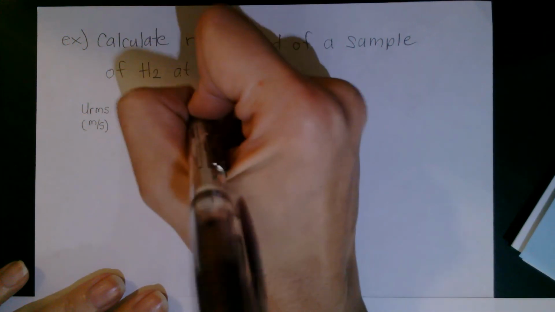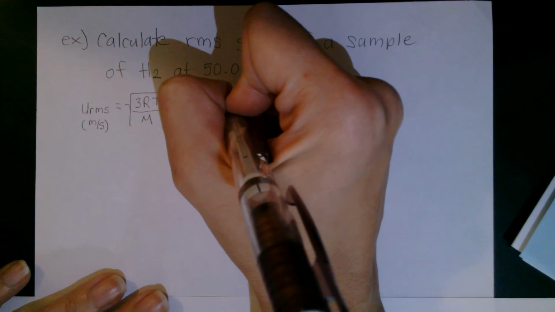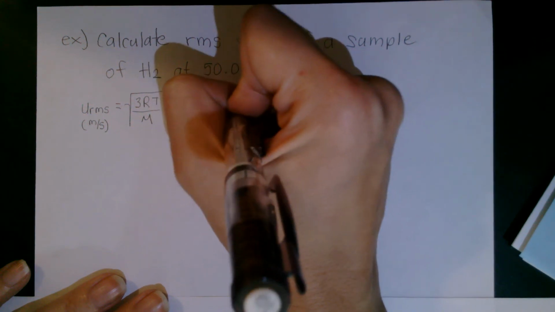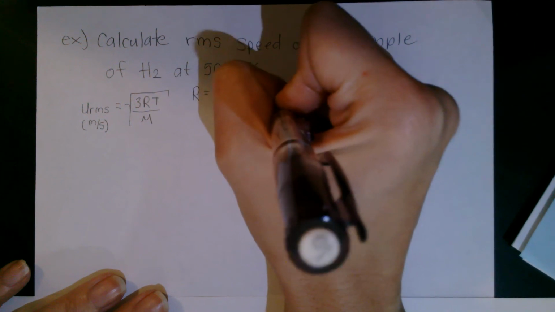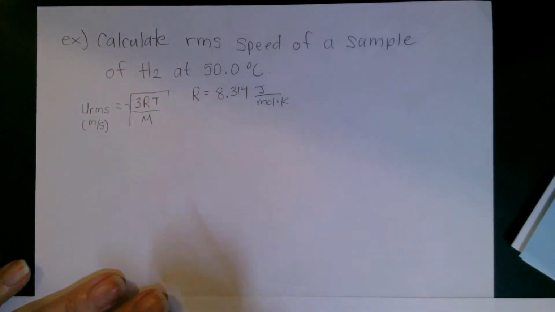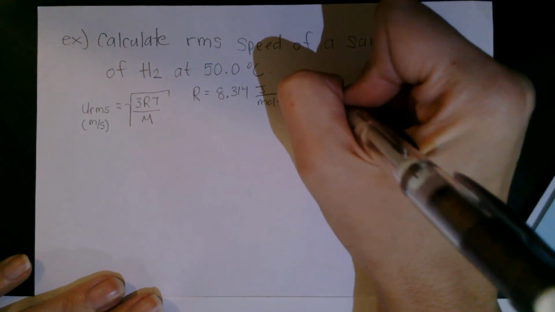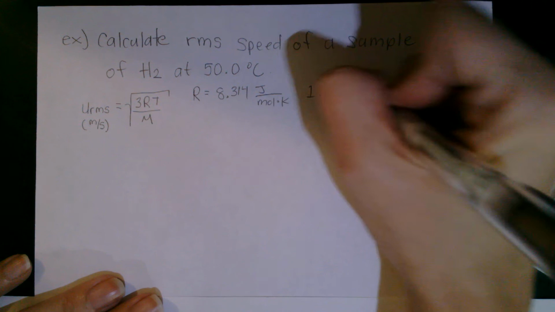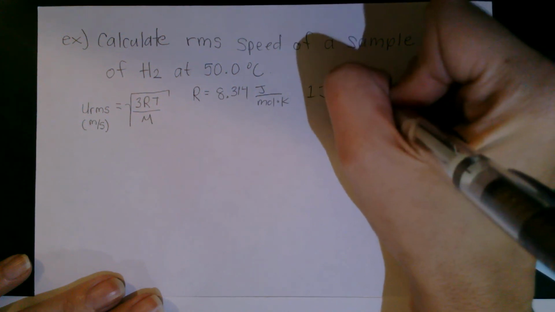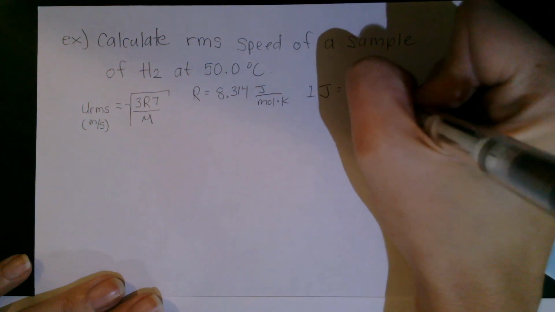It turns out for this problem, we're going to use R equaling 8.314 joules per mole Kelvin, because we can take joule, which is also a derived unit. 1 joule is equal to a kilogram meter squared per second squared.